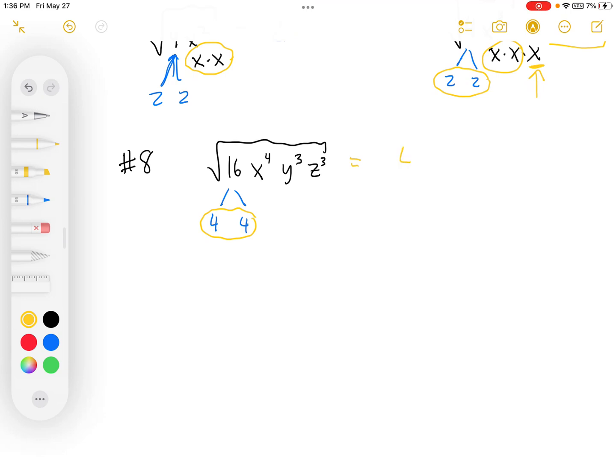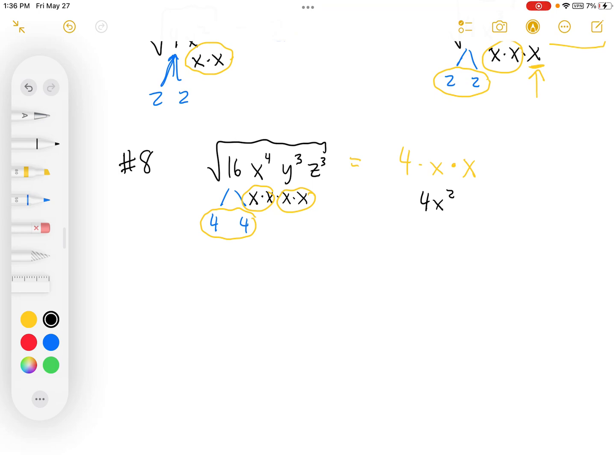So let's go ahead and put a 4 on the outside of the radical. We can break down our x to the 4th into a few more simple things. It could be x times x times x times x, 4 x's because of x to the 4th. That will give us one pair of x, so we can write an x on the outside, and we can go ahead and write our other pair of x's on the outside. Another way of writing this, a little bit more simple, would be 4x squared.